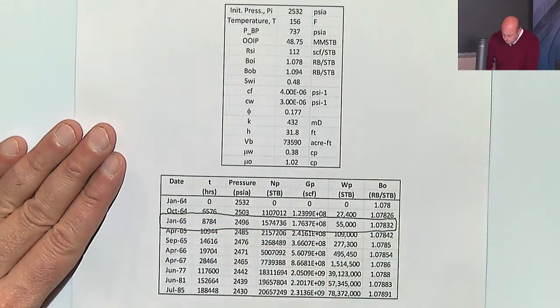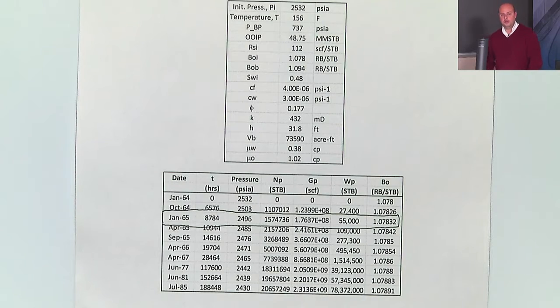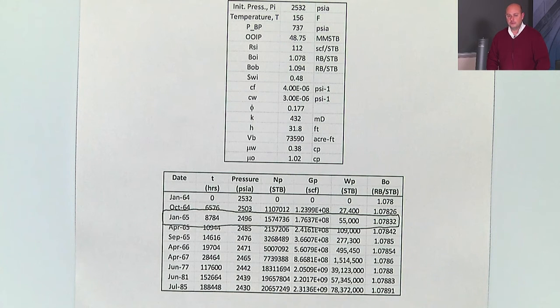I could do another time, which would be a good idea for a longer example problem, but we're just going to do one time today. I want to know how much water has encroached the reservoir in January, and this is a real field. This was all the way back in 1965, before I was born, maybe before some of your parents were born.